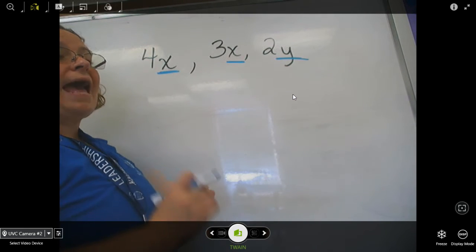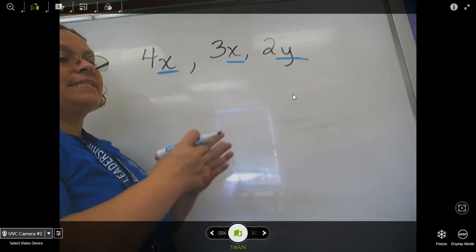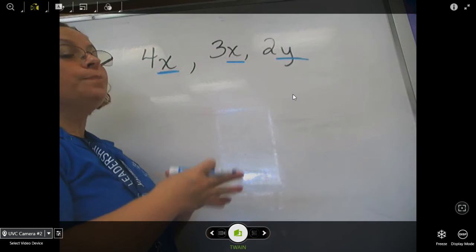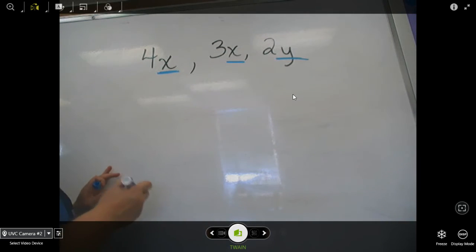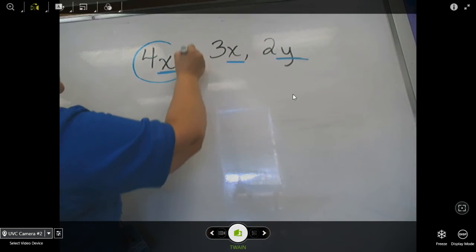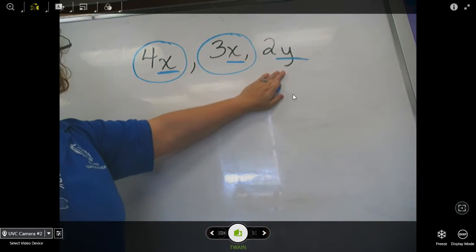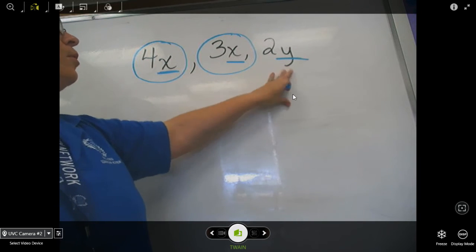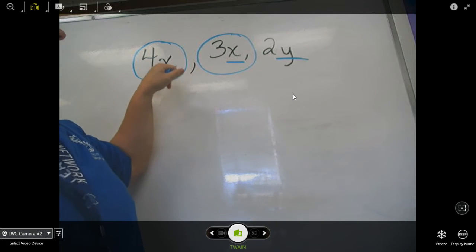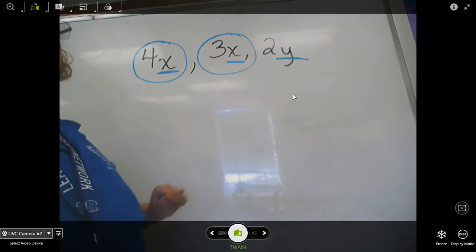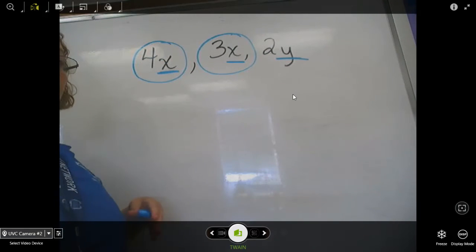When you're looking at like terms, they have to be the exact same variable to be considered like terms. So if I say circle the like terms, I'm circling this and I'm circling this. He's not included. Yes, he has a variable, but his variable does not match these. x's go with x's, y goes with y's. Apples go with apples, orange goes with orange.